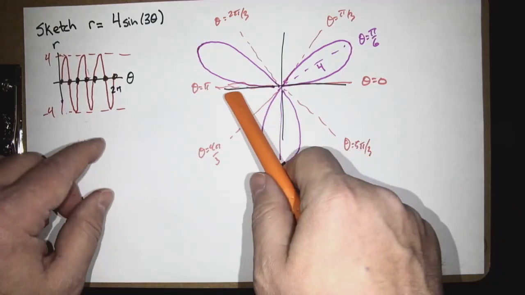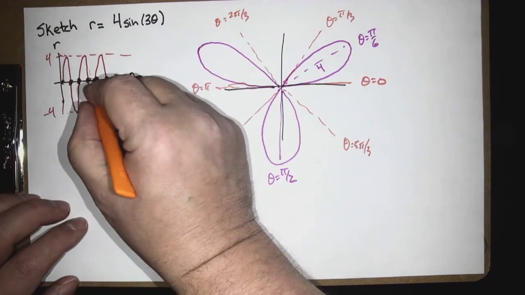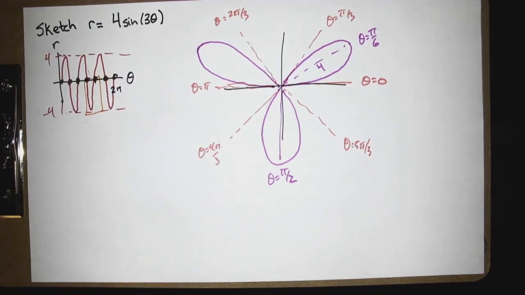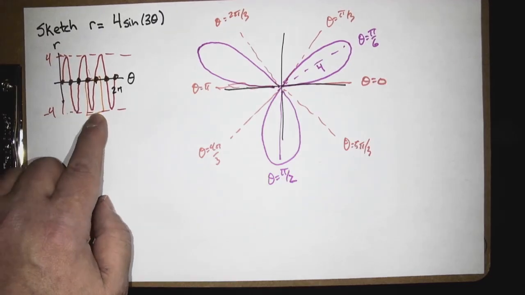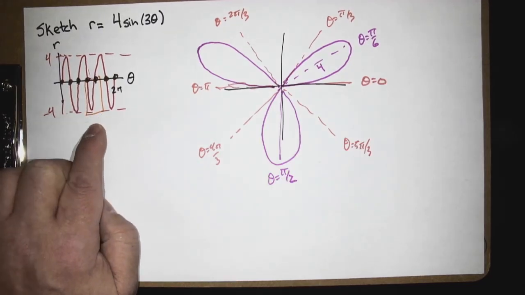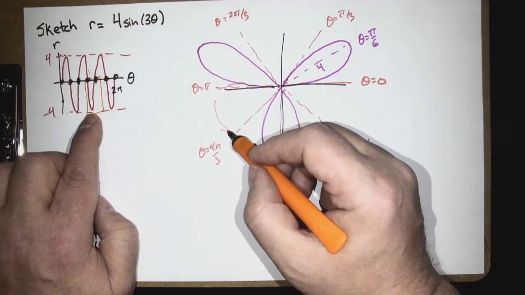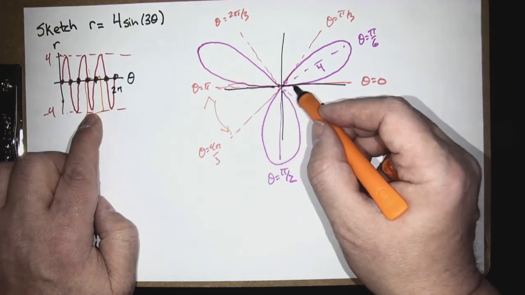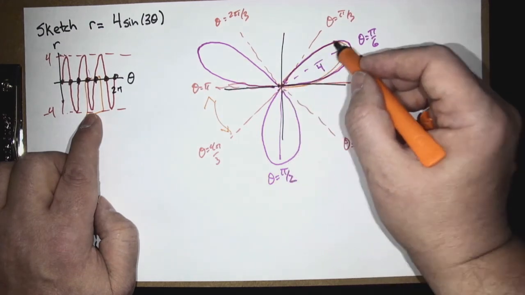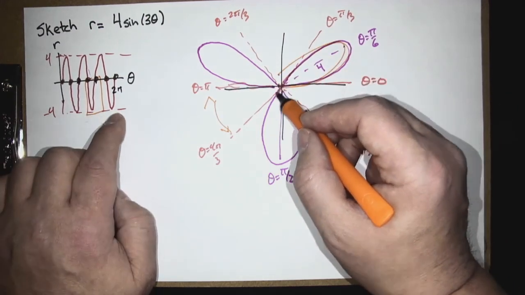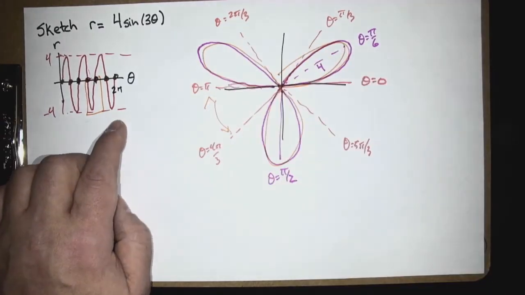We're at pi. So we're in this block right here. Between pi and 4 pi thirds. What's our sign? Normally we'd be in here, but our sign is negative, so we go across. And if you follow it through, it will actually trace itself twice.